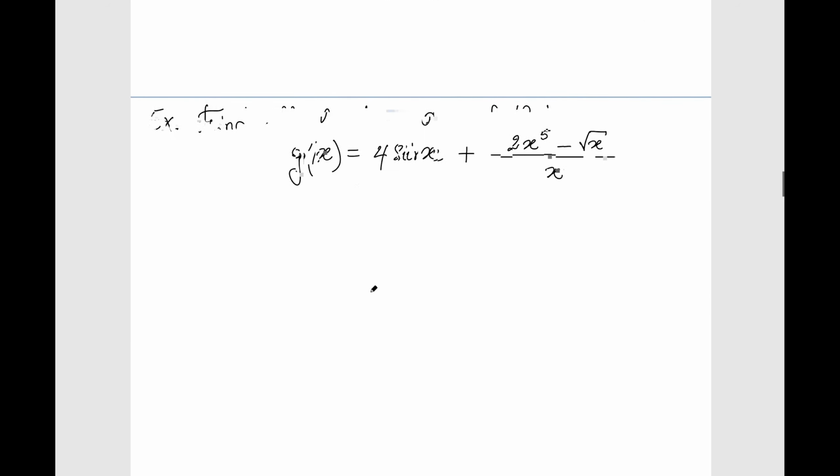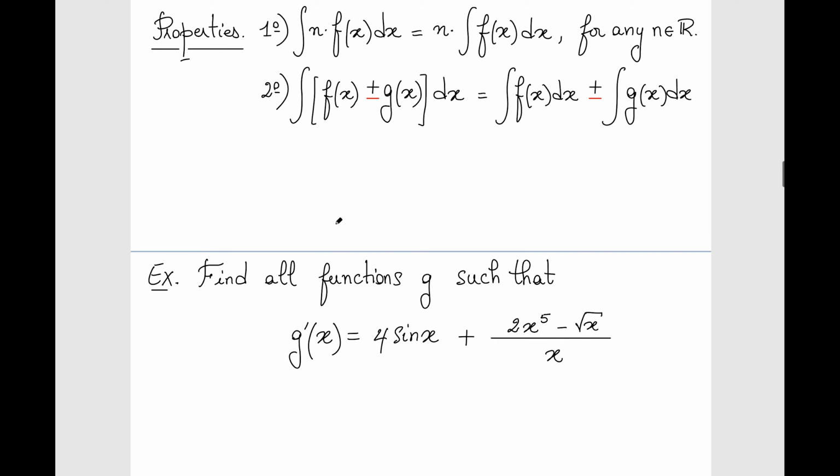All right, here's an example that puts these two in action. Find all functions g such that their derivative is equal to 4 sine x plus this quotient, 2x^5 minus square root of x, divided by x. By the way, an equation like this is called a differential equation.